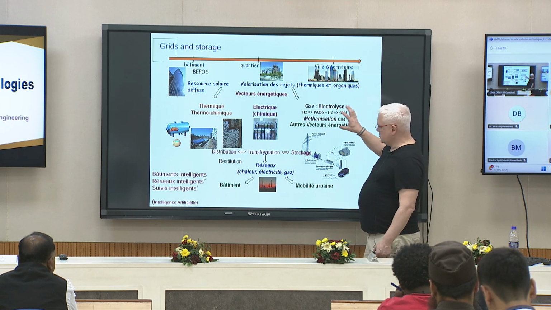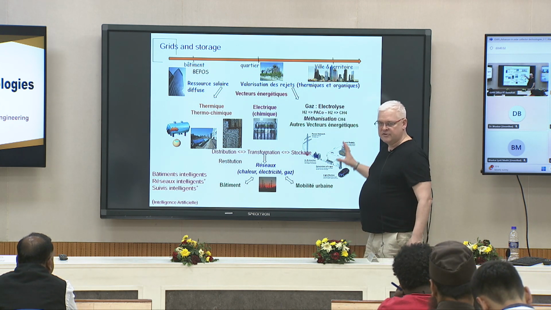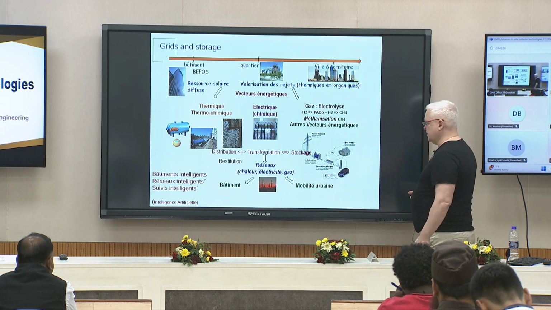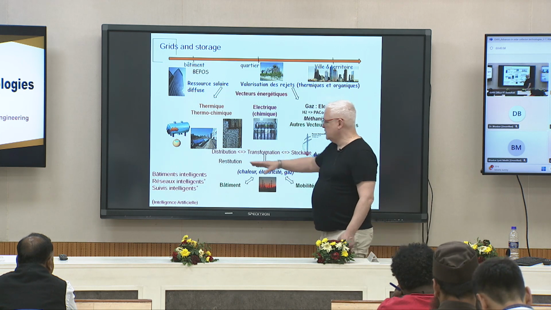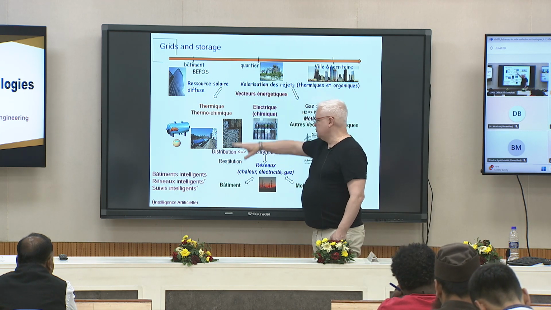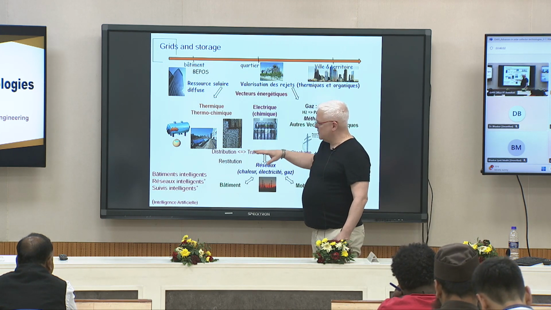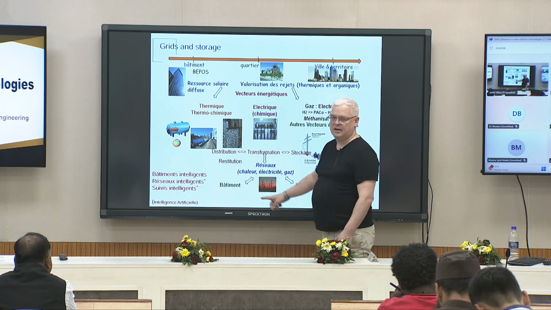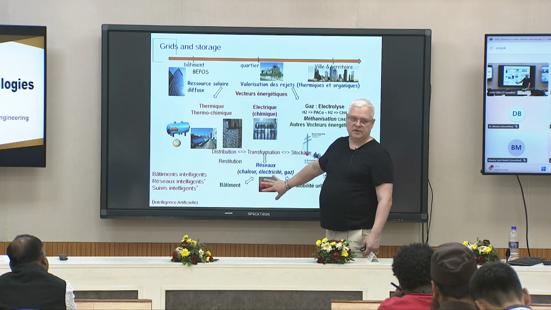It is a key element in the management of energy at the scale of a territory. As I remind you, you are producing, but you also have to transform, to distribute and to store in order to be well adapted to the energy need.